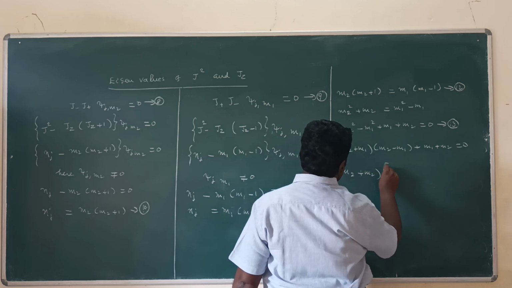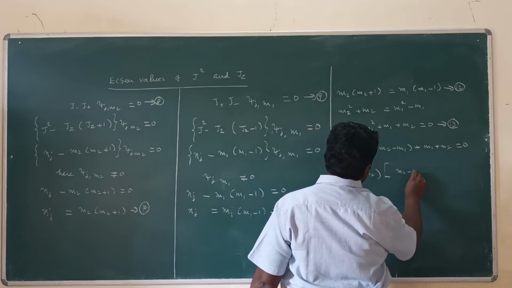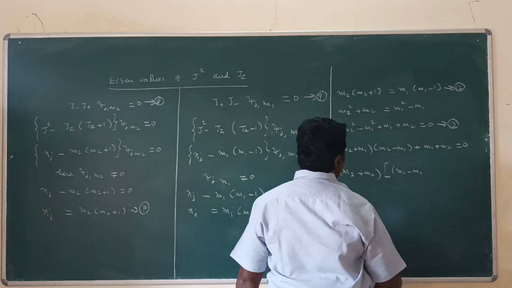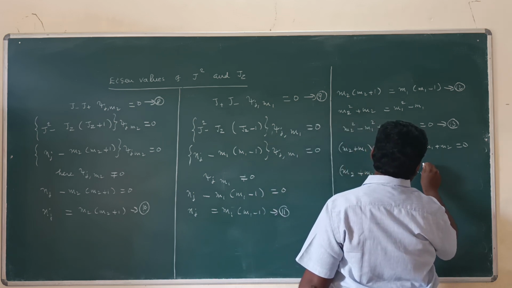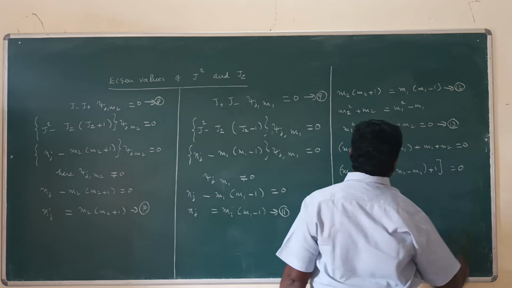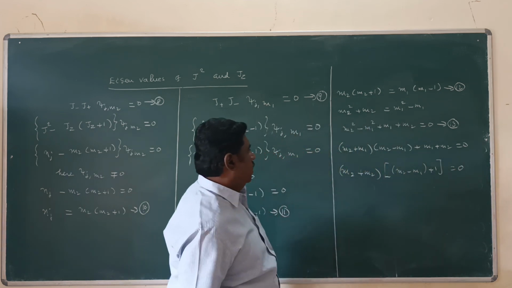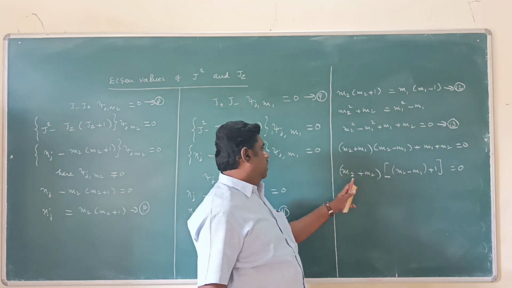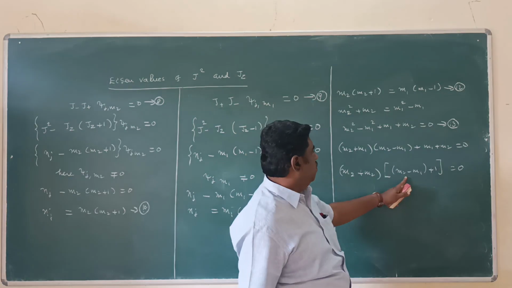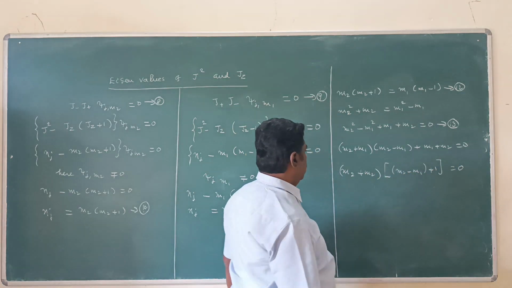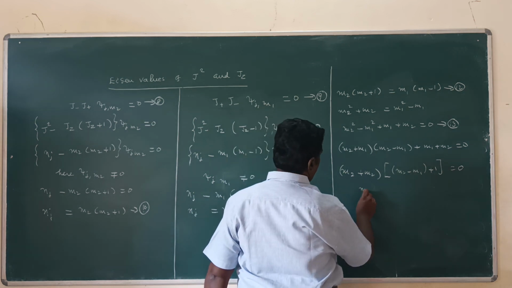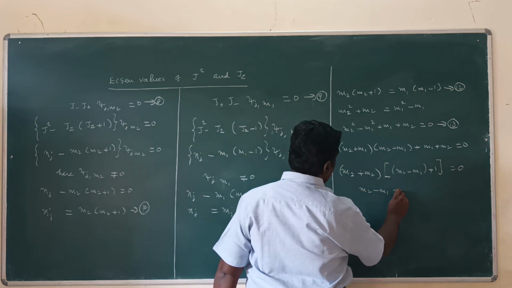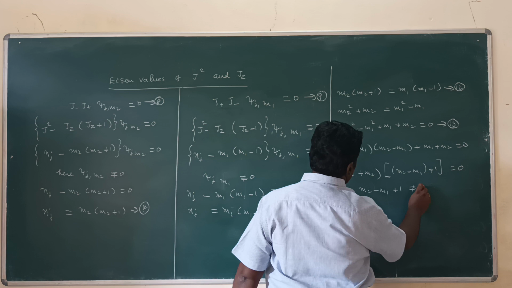Then the rest of the terms are m2 minus m1 plus 1 is equal to 0. I have just taken m2 plus m1 outside. Here (m2 plus m1) into (m2 minus m1 plus 1) is equal to 0. From this, m2 minus m1 plus 1 is not equal to 0.